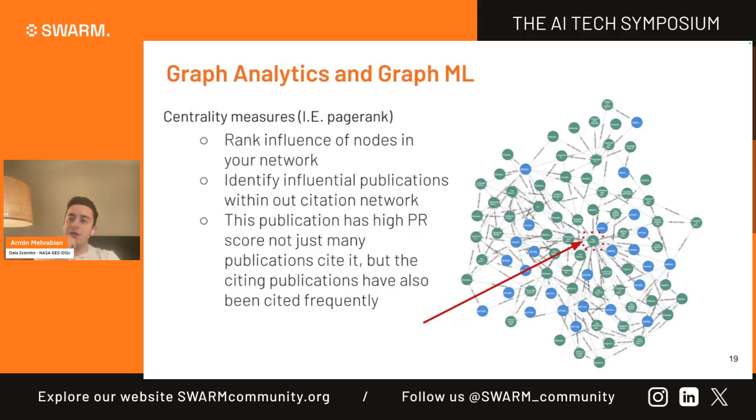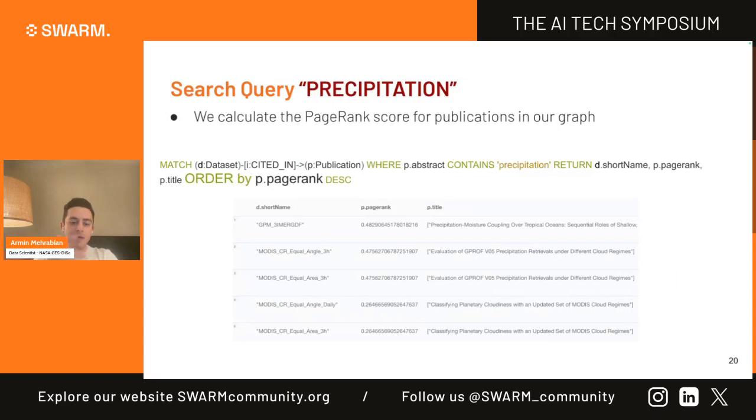PageRank does not only depend on the incoming publications that cite that publication, but also the validity and reliability of those publications as well. So this is a great way to sort this data and provide some insight to the user on which publication to look into, and as a result which data set to download. And this is just showing the simple Cypher query to do this PageRank algorithm.